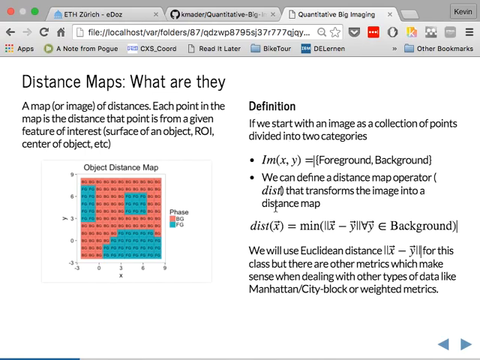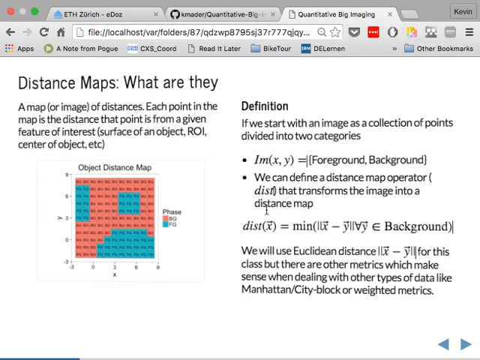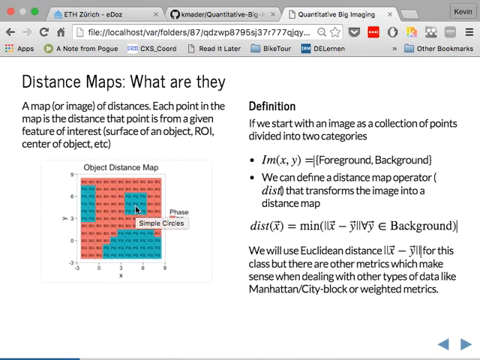We have this fairly simple definition that the distance map is the minimal distance from each point in the foreground to the closest point in the background. So for a point like this, the distance map will be 1, because the distance from this point to this point is 1.